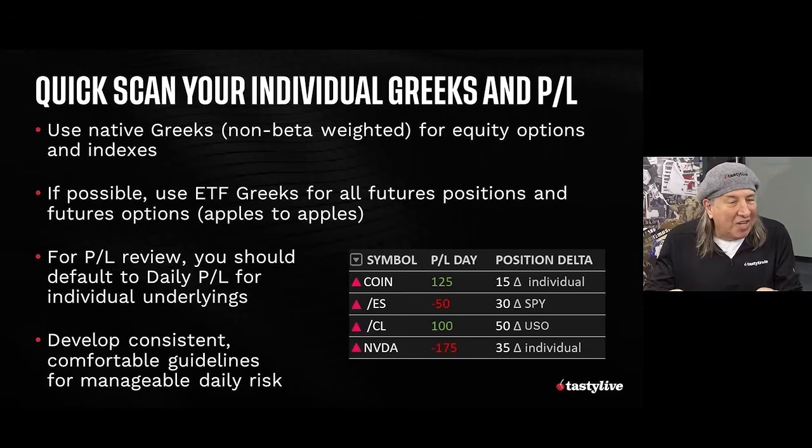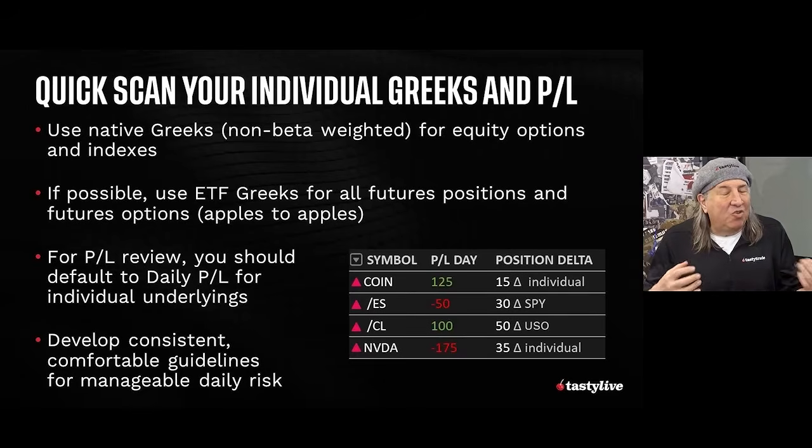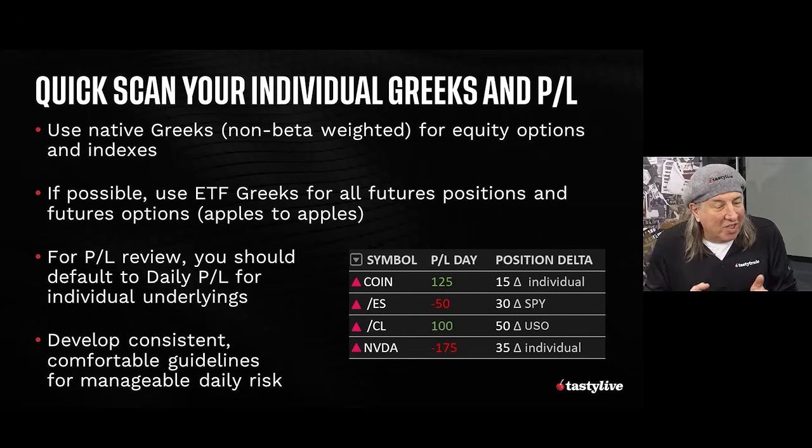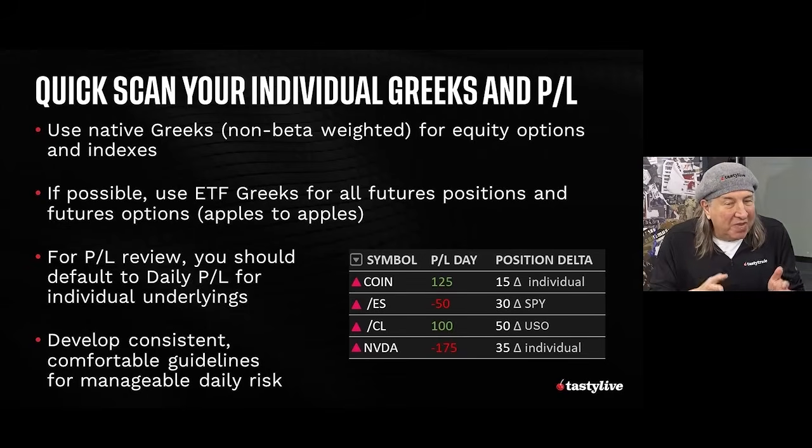Because futures on their own get very complicated when you take a futures Greek because it has different multipliers. So if you want to normalize futures and make them a part of your portfolio, which I think is incredibly important for capital efficiency, which is the main thing, but it's capital efficiency and also because they are non-correlated. So what we'd love you to do is to include futures and futures options positions along with your equity positions.